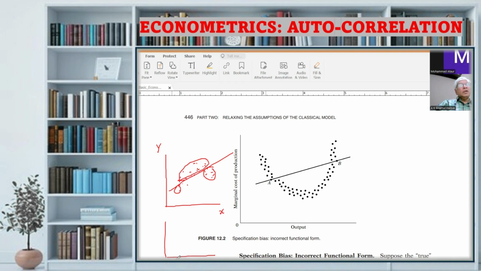So you will find negative, positive, and negative errors, and your error will look like this. If I have time here and e here, it will look like this. They're basically saying, look, I can see that the model looks autocorrelated, but it's not autocorrelated, it's misspecification. I did not specify the model properly. So that's one of the other reasons.